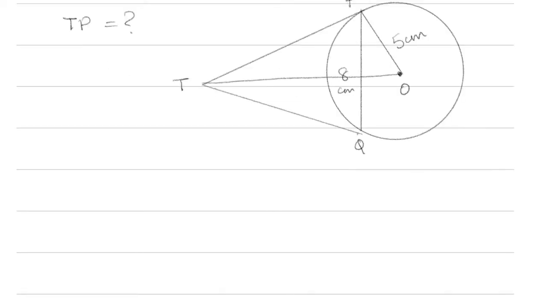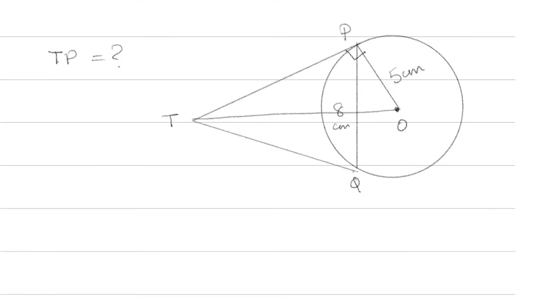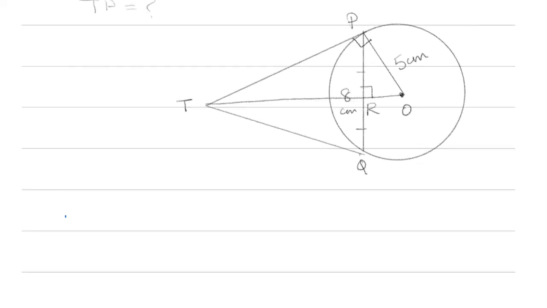Let's join OT. Let's name this point as R. This angle here is 90 degrees, as OR is perpendicular to PQ, and this bisects the chord. Now let's write down what we have done.